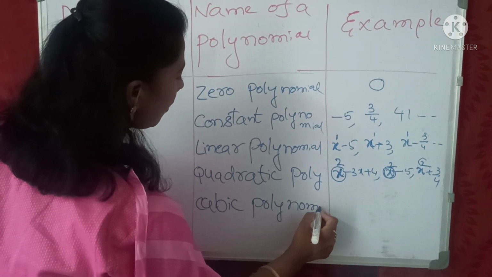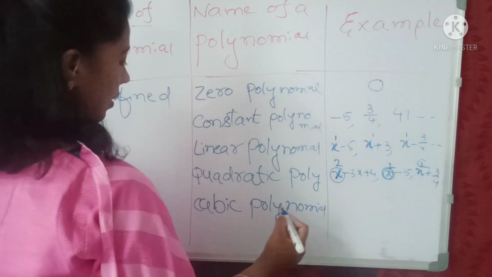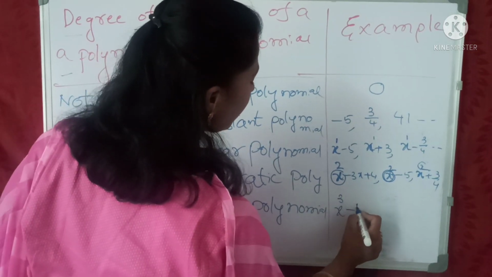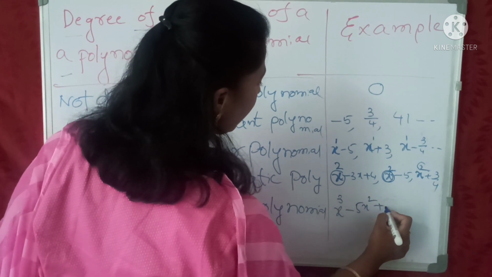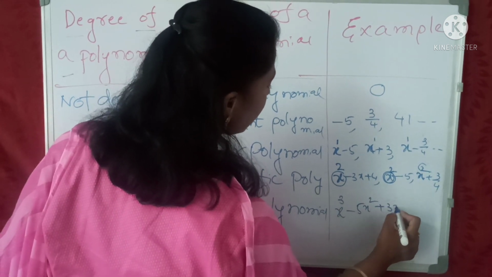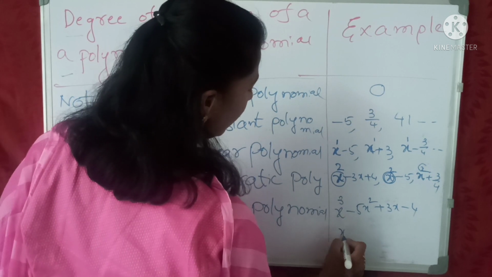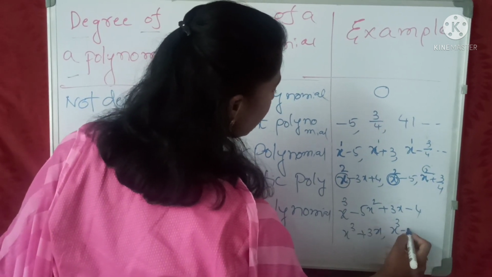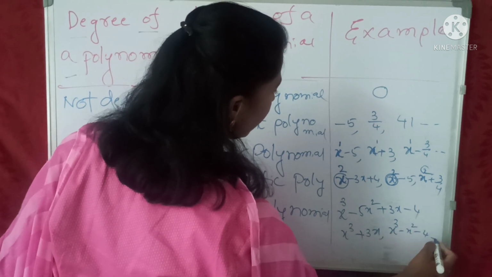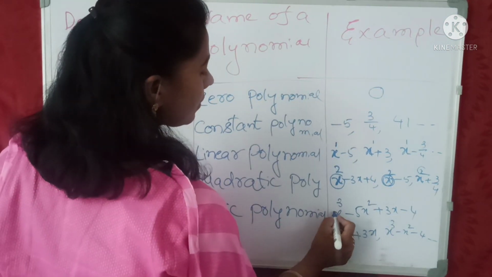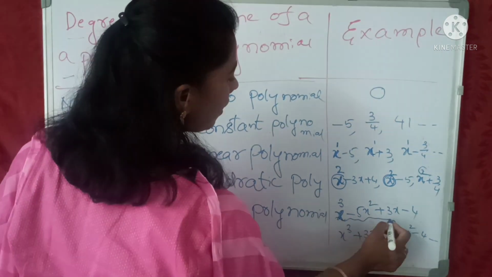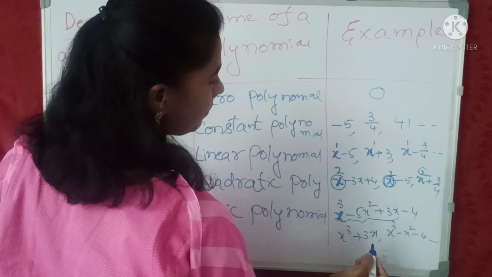Cubic polynomial examples are x cube minus 5x square plus 3x minus 4, or x cube plus 3x, or x cube minus x square minus 4, etc. In this polynomial, the highest power is 3, so the degree of the given polynomial is 3.